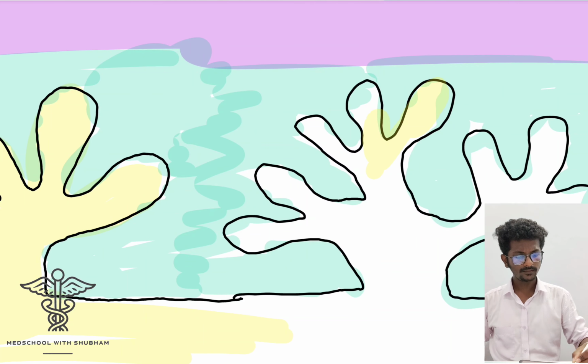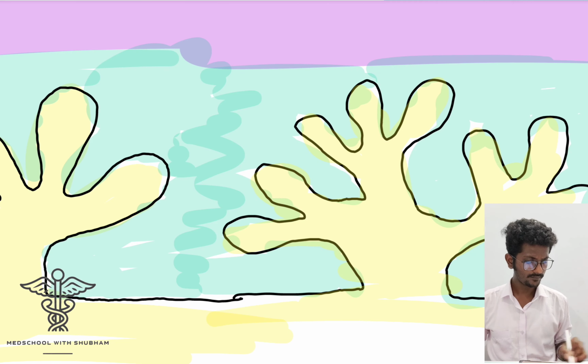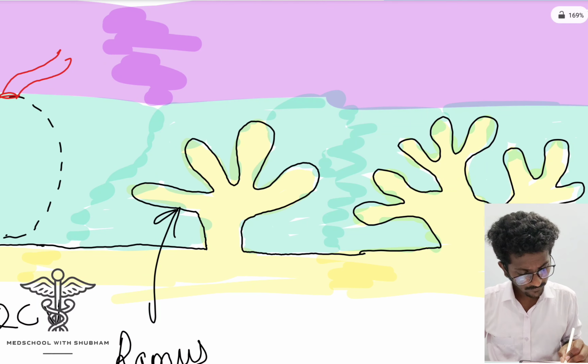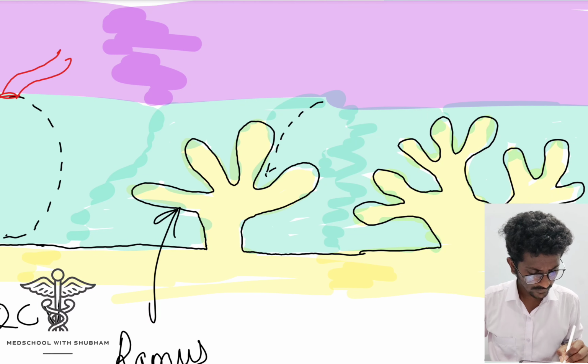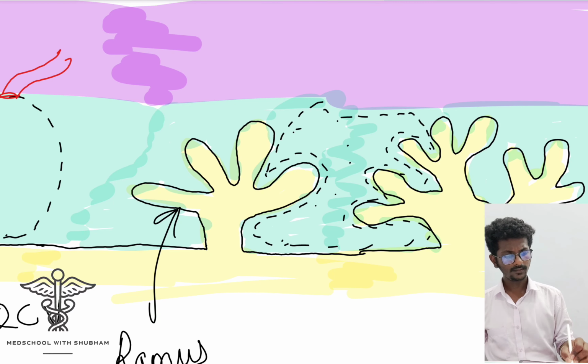Here you have the extraembryonic mesoderm. In this way. So let's move forward. And also we will get the formation of this lacunae. This lacunae will now increase in size, and they will form in this way. So these are all the lacunae.